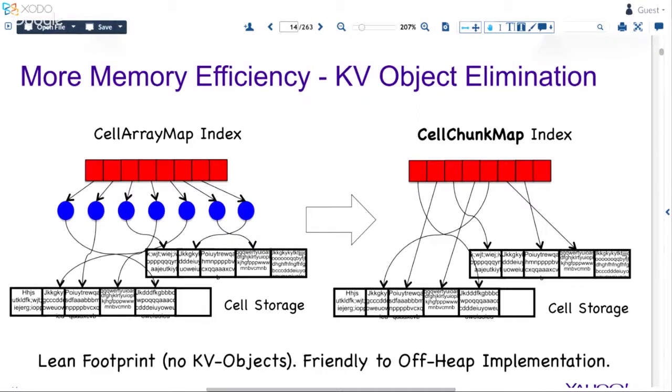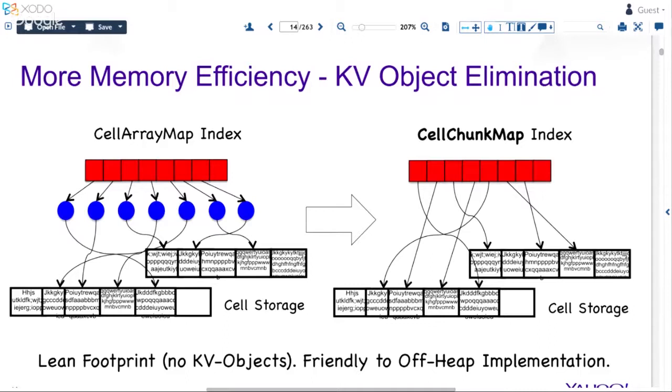lot of memory. So the next optimization actually folds them all into a single flat index that is called cell chunk map. And the interesting thing about it is that it ceases using references. It uses unique cell IDs for addressing data within the cell storage within the chunks.